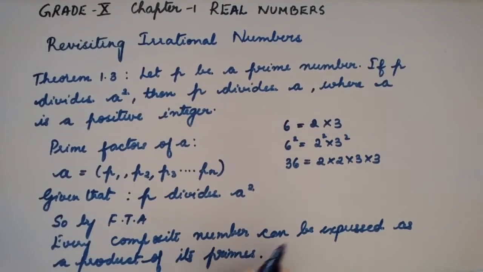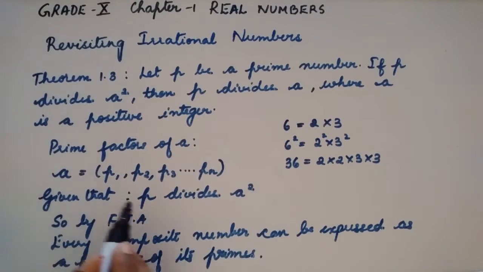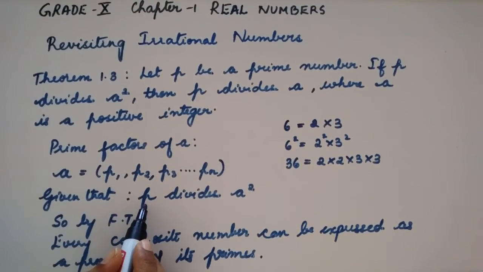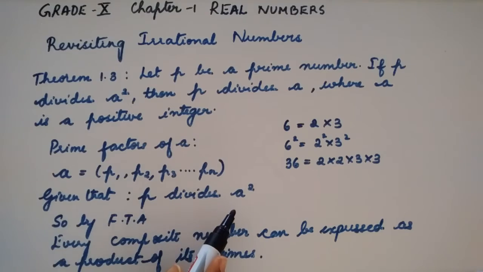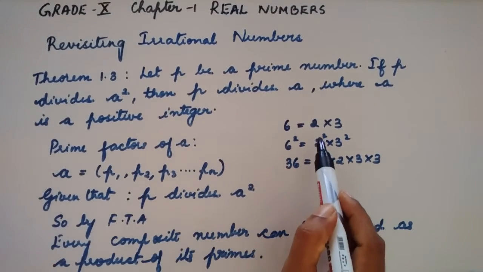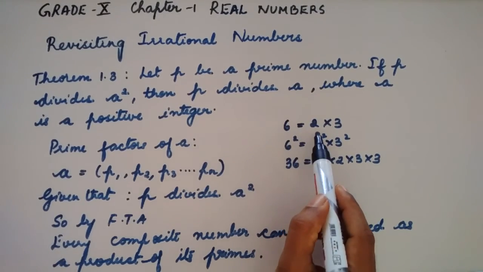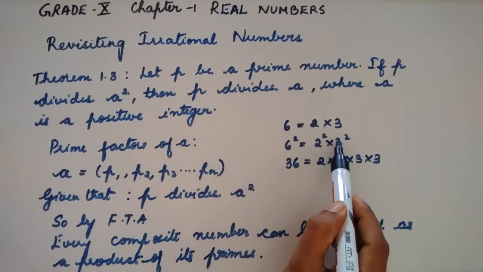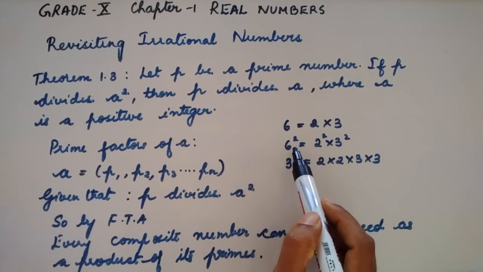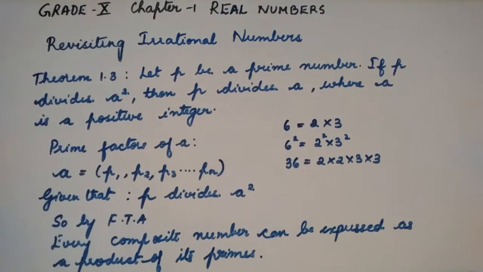And therefore here p is one of the prime factors of a square. Now in this example, 3 is the prime factor of 6 square. So here p is one of the prime factors of a square.